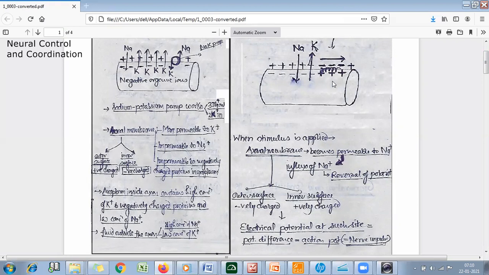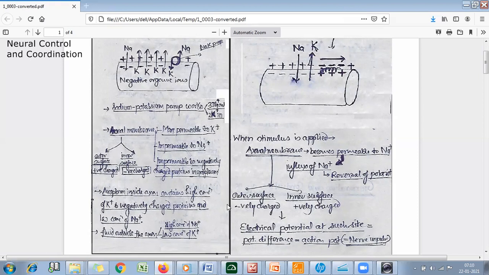Reversal of polarization means, as we know, in the resting phase there was negative charge inside and positive charge outside. But when the stimulus comes and due to influx of sodium, positive charge will be created inside and negative charge outside, and this happens at a very local place, where our neuron receives the stimulus. At that particular place, this situation will be created.